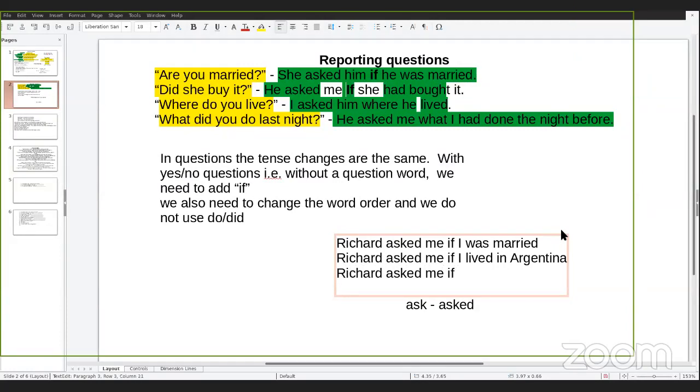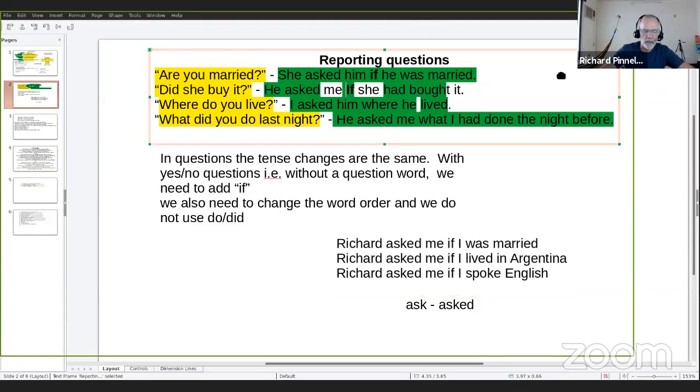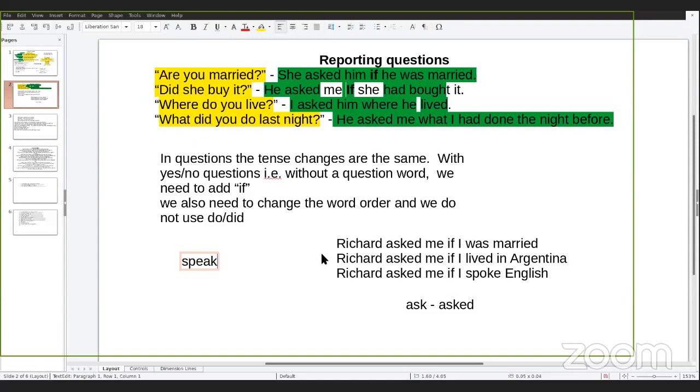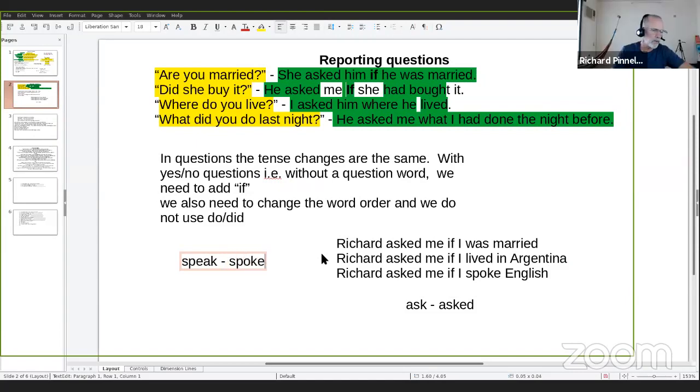Richard asked me if I spoke English. Yeah, spoke, because it's in the past. Yeah, because the past of speak is spoke. Good.